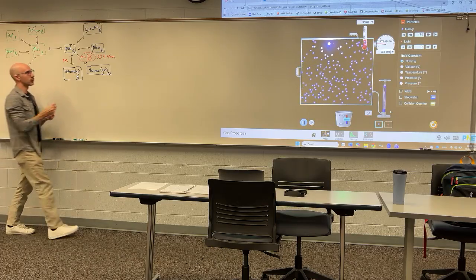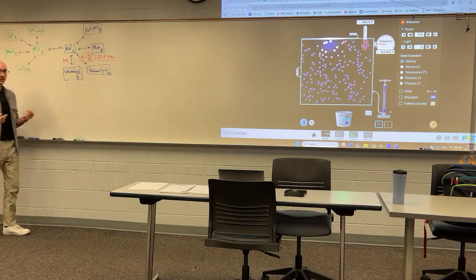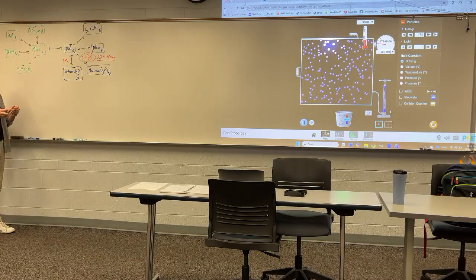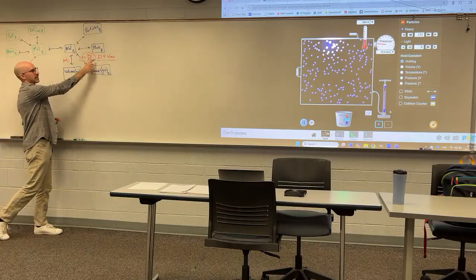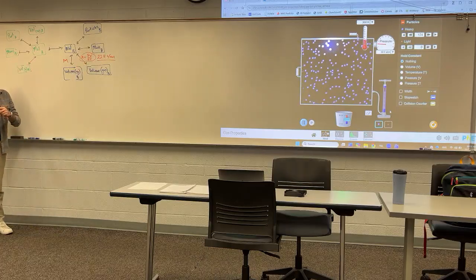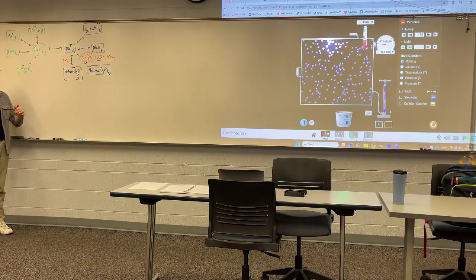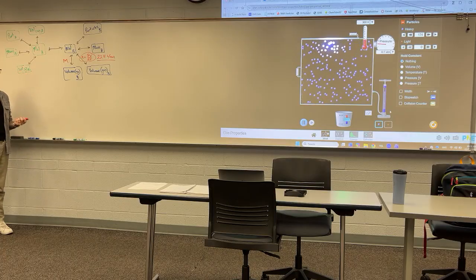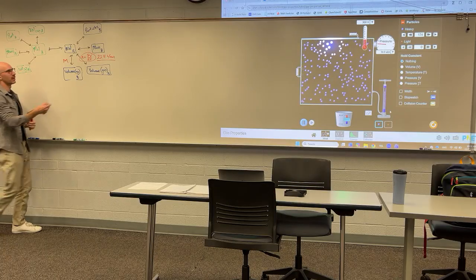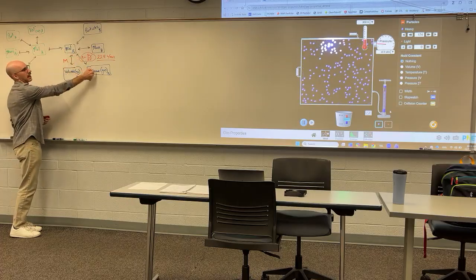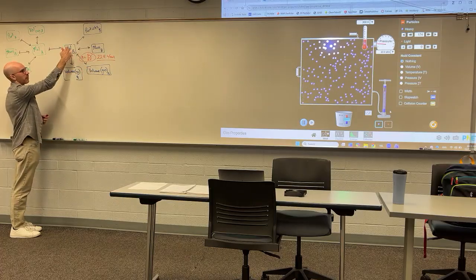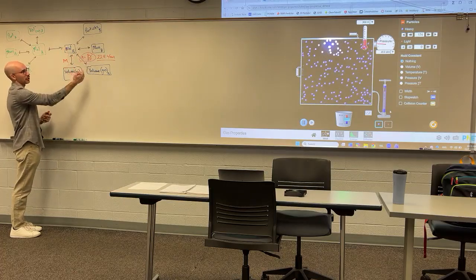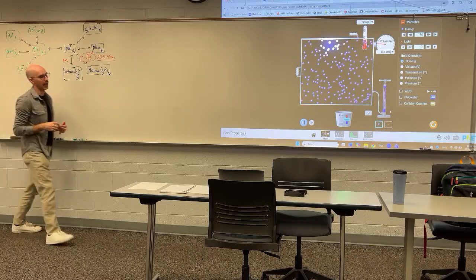So this is a new conversion factor that is useful if you're at STP. If you're not at STP, then you would need to use PV = nRT to convert between moles of your gas and the volume of the gas. But in a similar way, you could also go from moles of the gas to the temperature or the pressure of the gas.